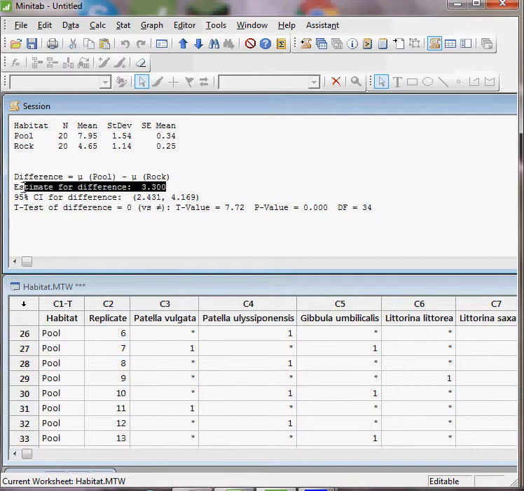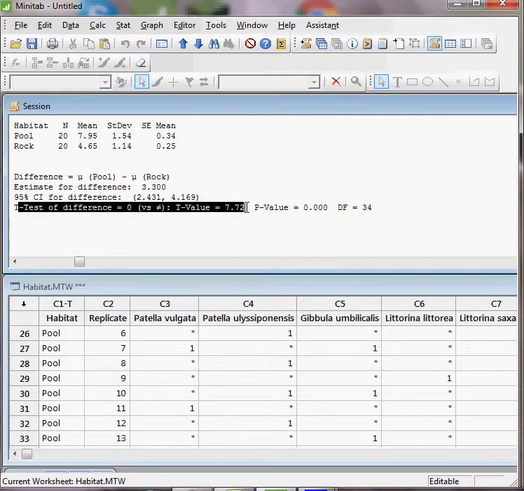It then tells us that the sample means actually had a difference of 3.3. And if we leap a line, it goes off and does a t-test. It tells us that the t statistic we obtain from doing this test is 7.72. So this is a measure of the difference between means that's standardized for the standard errors of the mean.